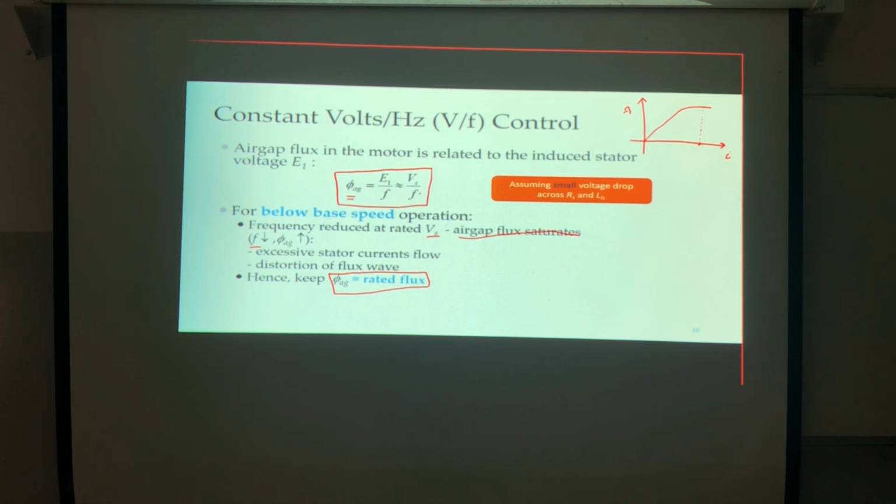Simply, someone will say, if you are reducing the frequency, also reduce the voltage by the same factor, such that the ratio between them is constant.